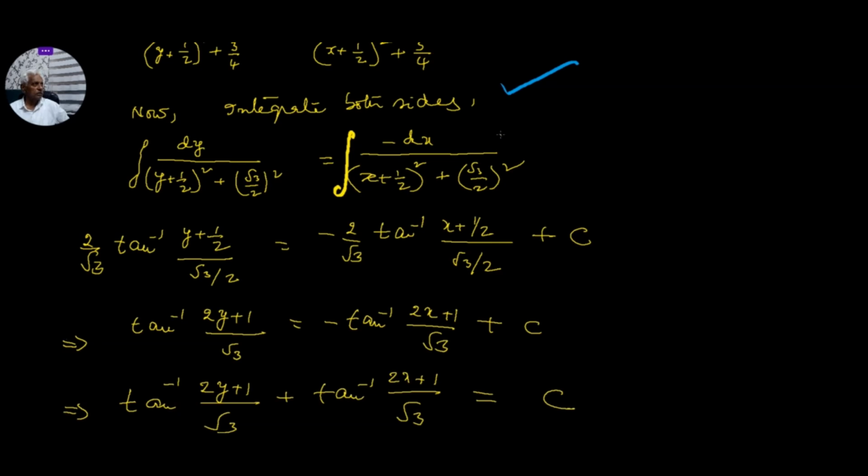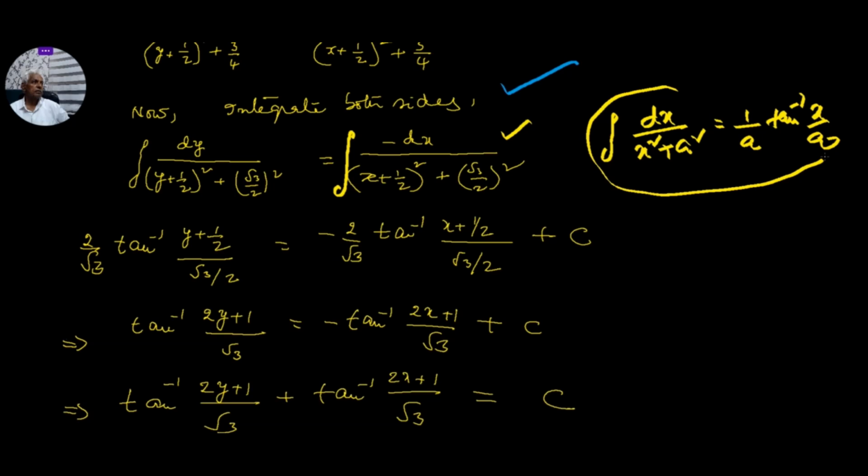So we are now using this formula: integration of dx by (x square plus a square) is 1 by a tan inverse x by a.